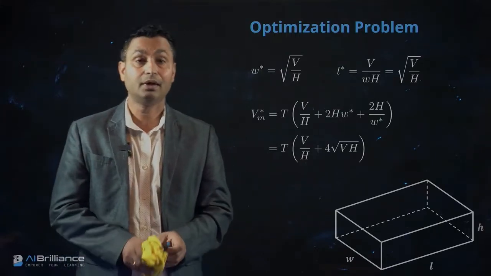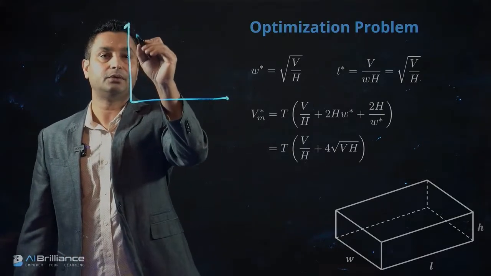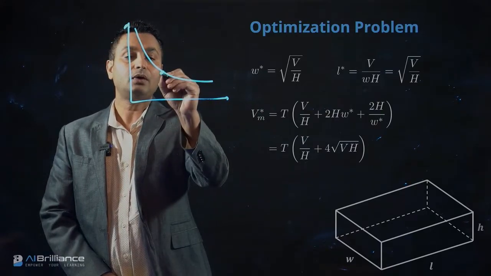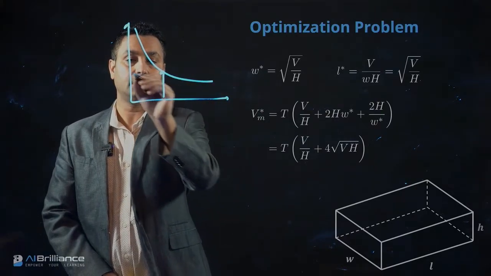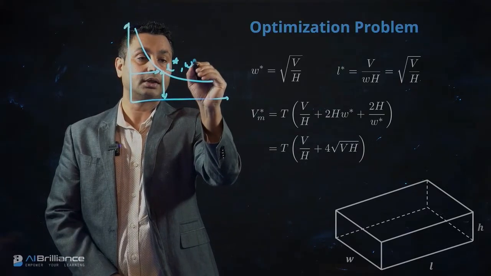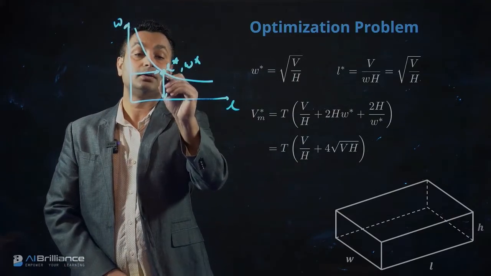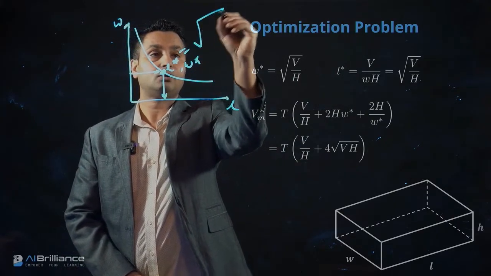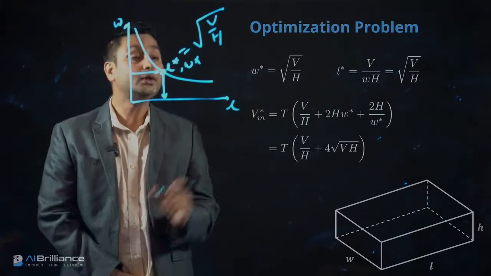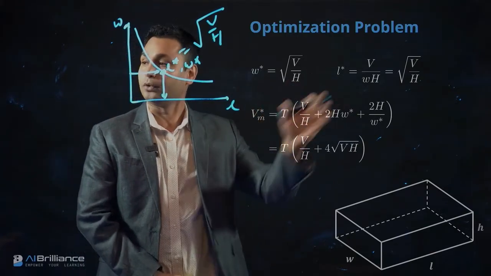If we recall the hyperbola that we had, which was the solution space, we have found where L and W are essentially the same. L star and W star are both root over V by H, and that is the single solution that will lead to the minimal amount of material that goes into fabricating the overall tray.